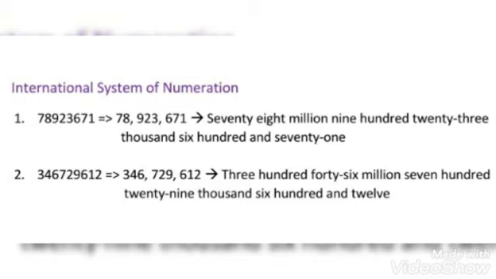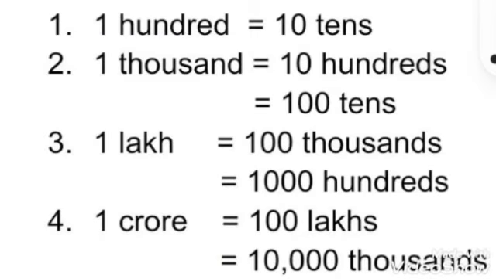What is the first one? 78,923,671. In the second example also, I see 3 digits: 346,729,612. So in the international system of numeration, you put commas after every 3 digits. For the Indian system, first 3 digits, then 2 digits. But for the international system, it is all 3 digits.